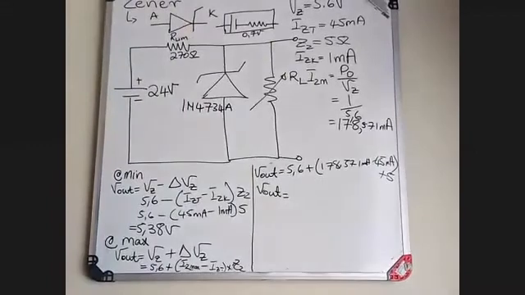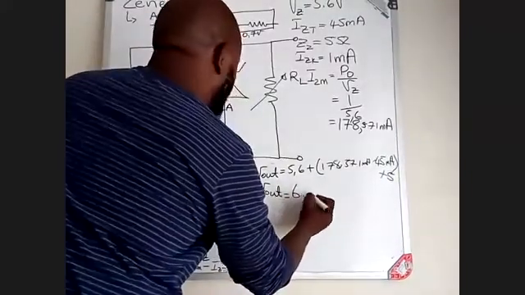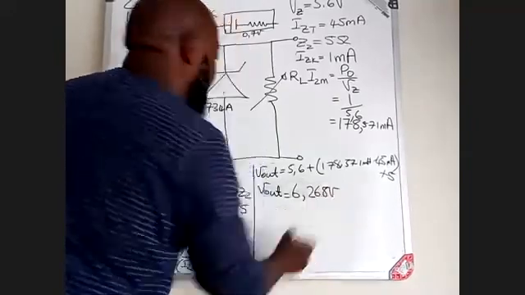Then your V out will be given by 6.268 volts.